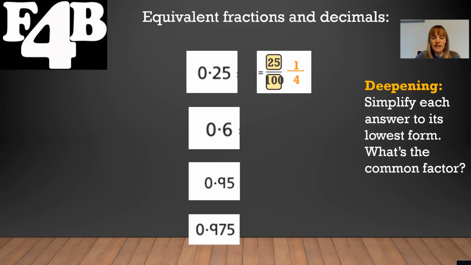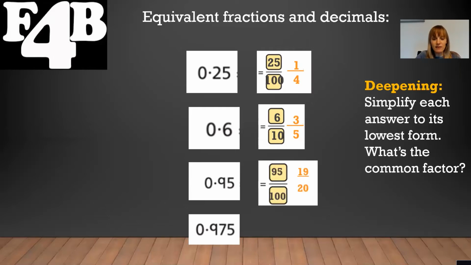Okay, well done. So hopefully here you've got some answers. So 0.25 is the same as 25 hundredths, which can be simplified to a quarter because we can divide both of them by 25. 0.6 is the same as 6 tenths, which can be simplified to 3 fifths because they can both be halved. 0.95 is 95 over 100, which is the same as 19/20.